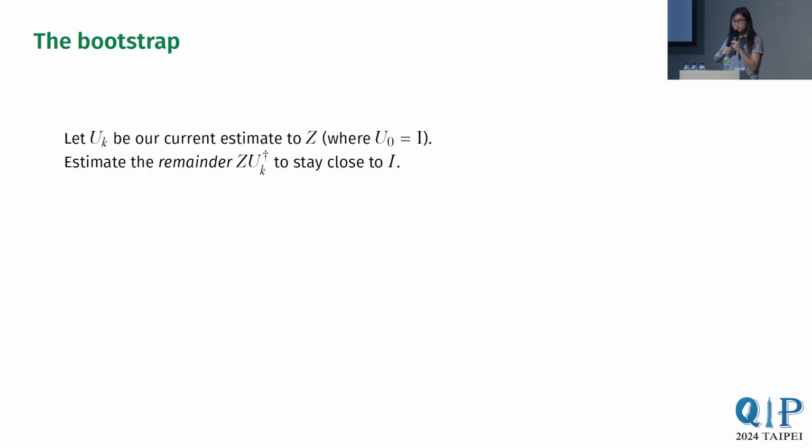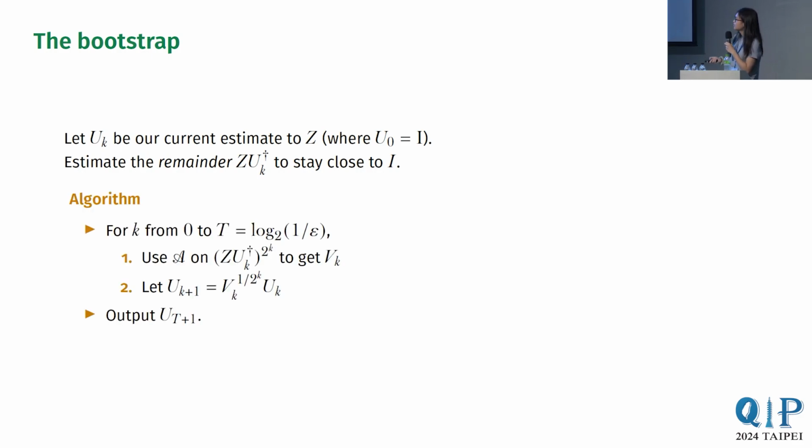And so this you can power up. So what we do is we look at this remainder, and then we power it up by a factor of 2 to the k in the kth iteration. And then with this estimate of the powered up error, we can power back down and then adjust our estimate to something that's better.